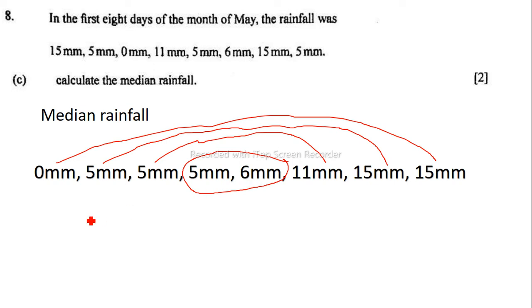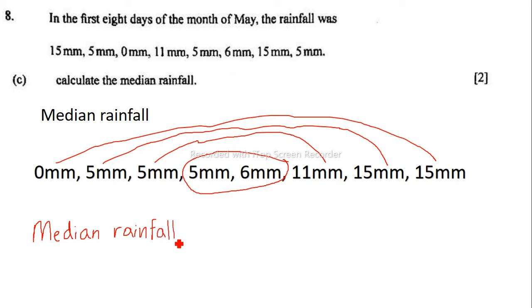So once we have them like that, we calculate the mean of those two values. If you have two numbers in the middle, you always add them and then divide by 2. But if you just have one in the middle, that would be your median, right? Yes, sir.